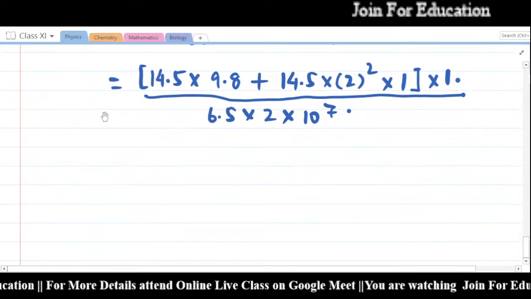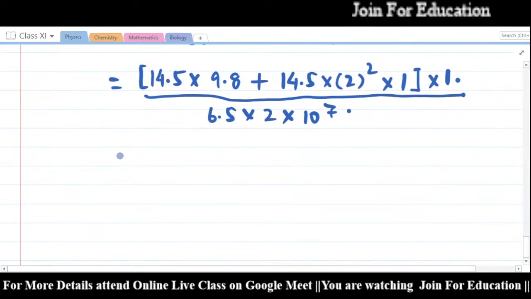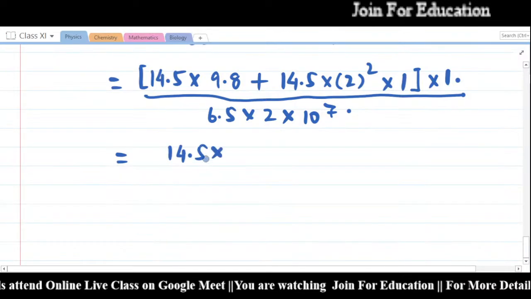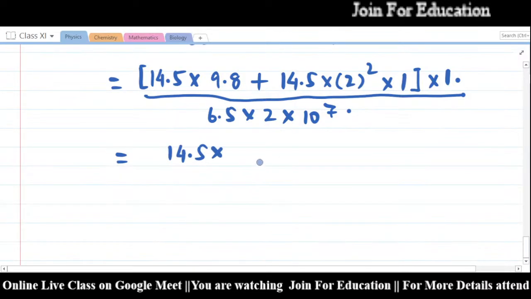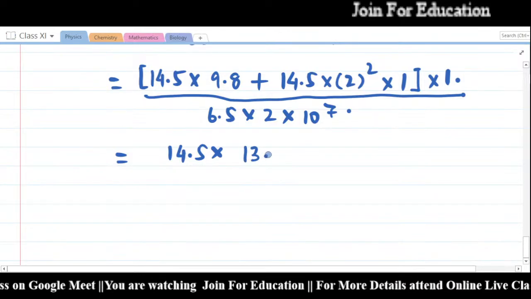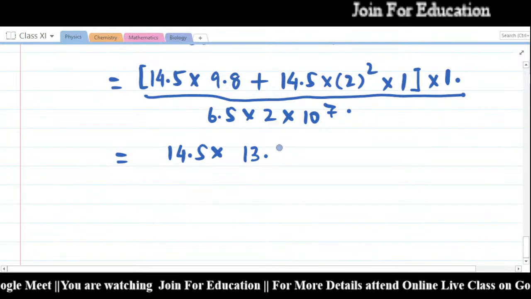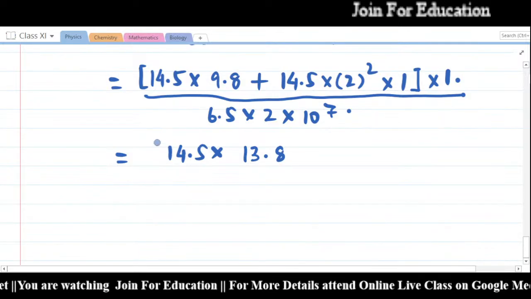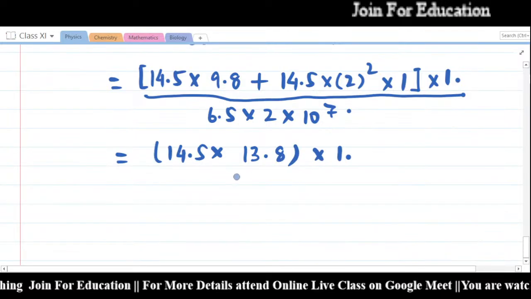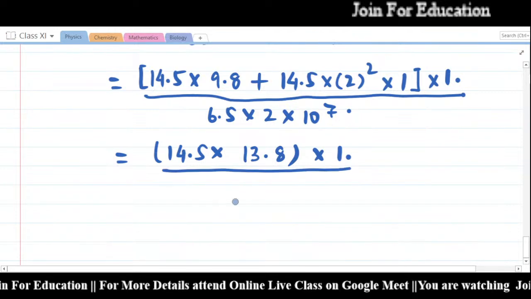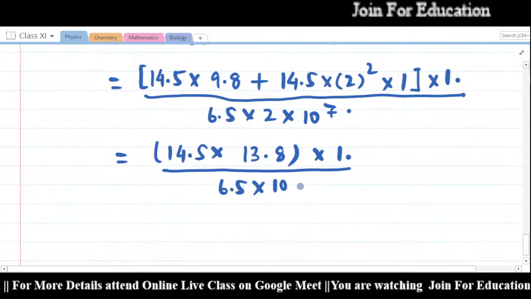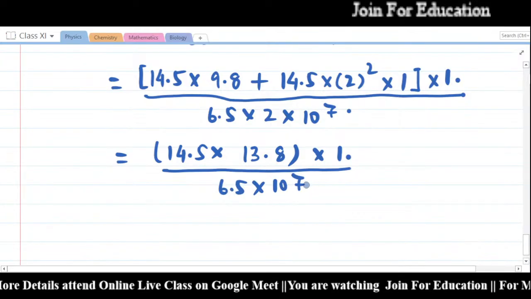So let's see here. Your next step will be, we take 14.5 common, then 9.8 plus 4 will be 13.8, and into 1 by 6.5 into 10 to the power 7.